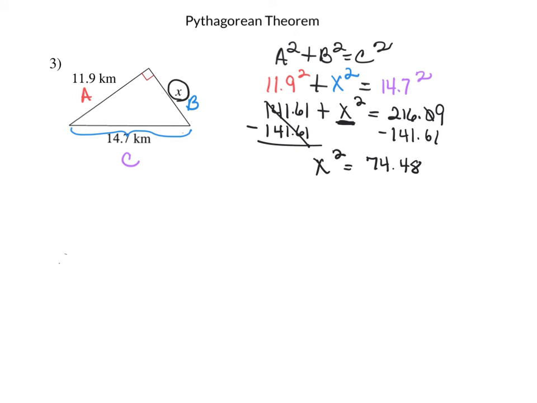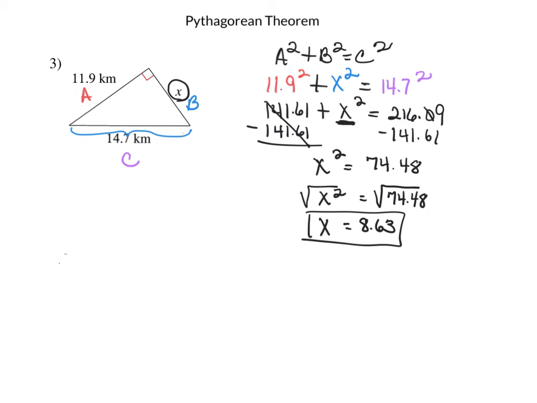We're looking for x. So we need to take the square root of x squared. If we do it on the left of the equal sign, we must do it on the right of the equal sign. So if we take the square root of x squared, we get x. When we take the square root of 74.48, we get 8.63. And that is our answer.